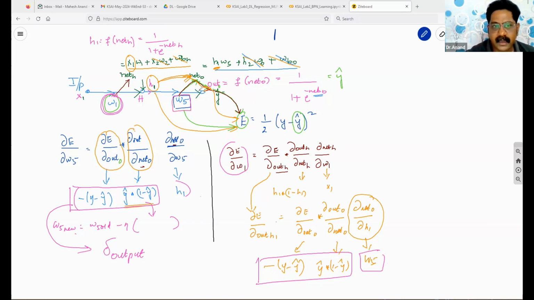That means while calculating the gradient for W1, you have this component. What is this component?